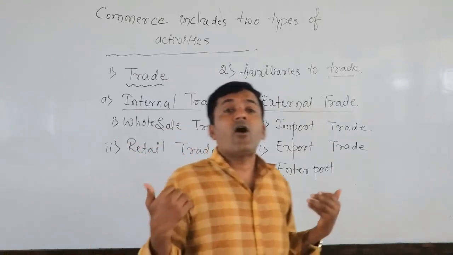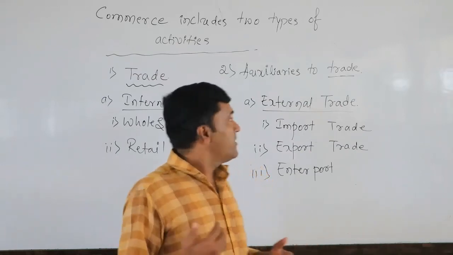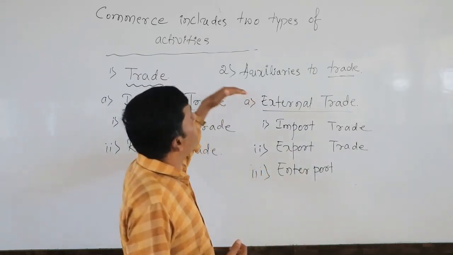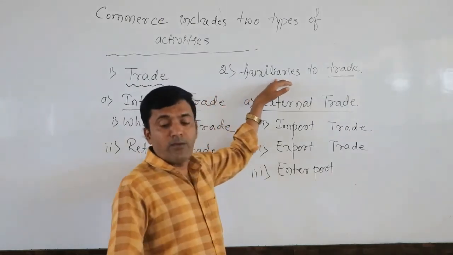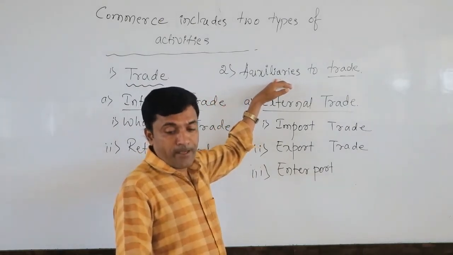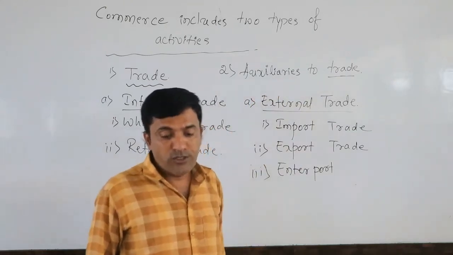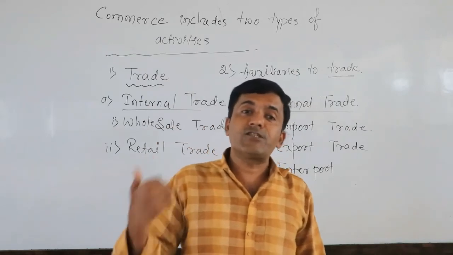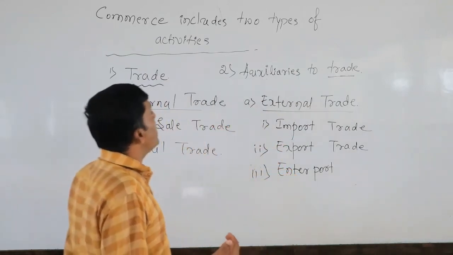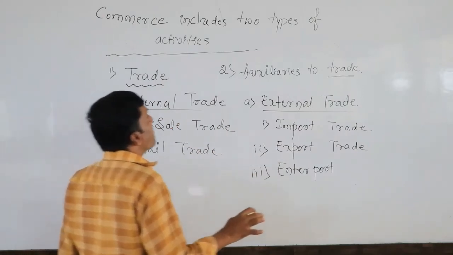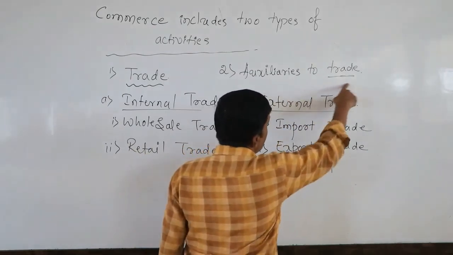In an organization, while conducting trade, we can see a lot of hindrances, and auxiliaries are very helpful in removing them. While producing as well as distributing goods, we can see a lot of hindrances. To minimize them, we need help from auxiliaries to trade.